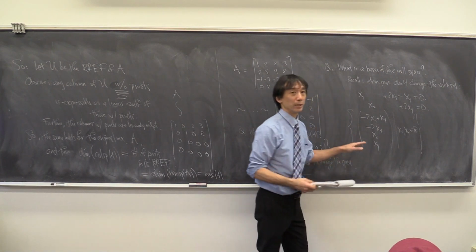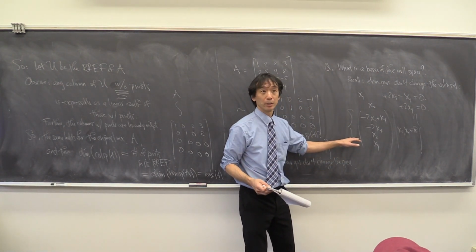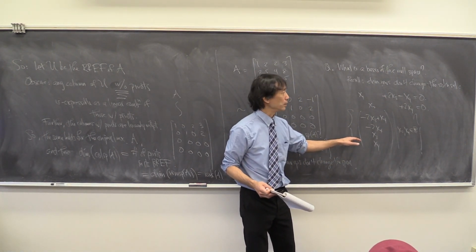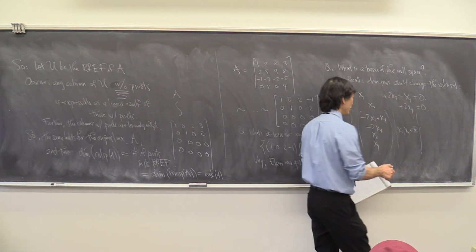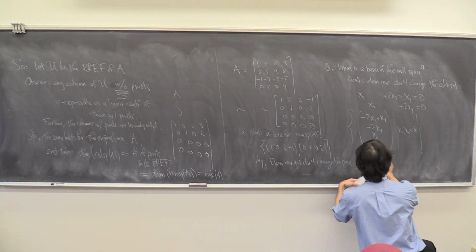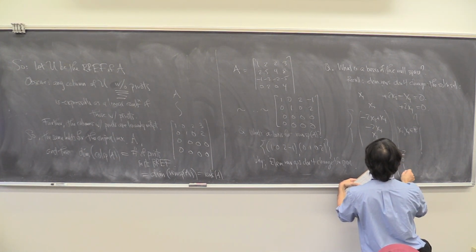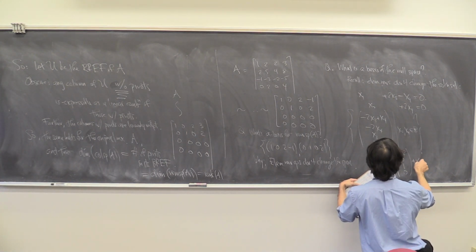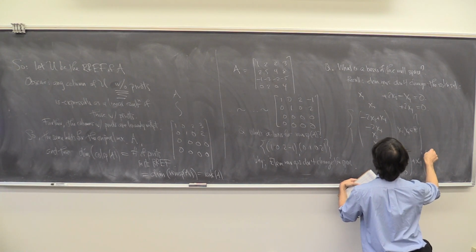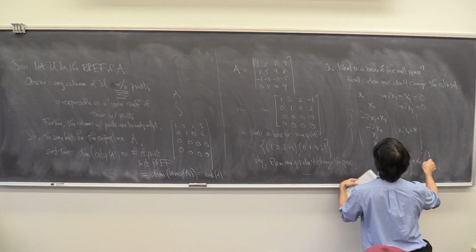This is the solution set, and we can rewrite it more simply as x3 times (-2, 0, 1, 0) plus x4 times (1, -2, 0, 1).